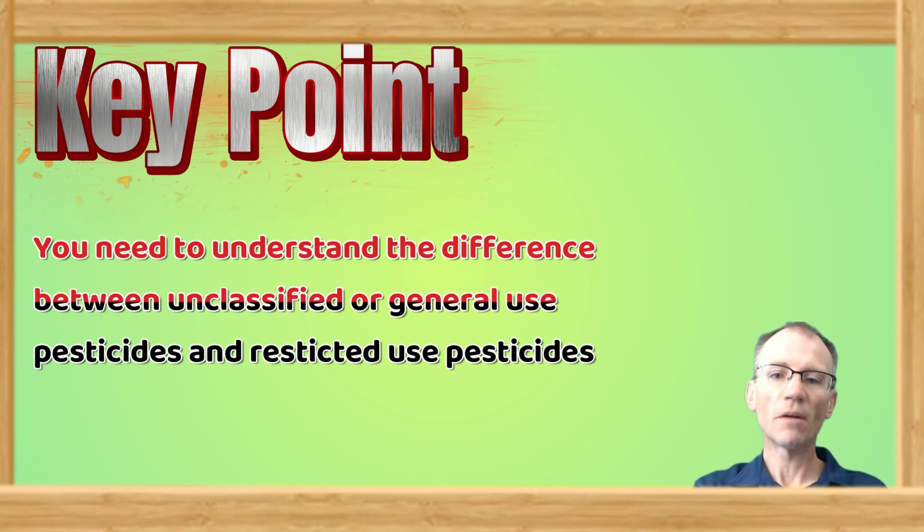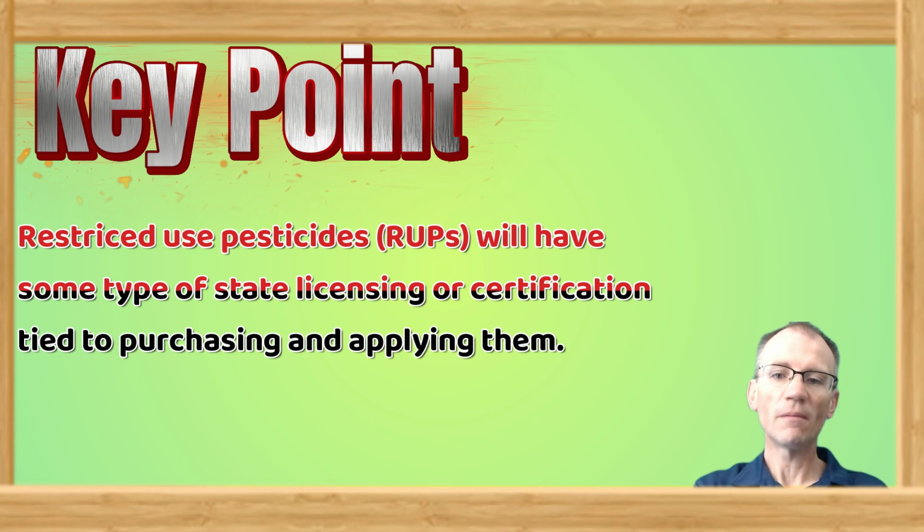Now, most of them are going to refer to them as restricted and general use, but just keep in mind when we talk about restricted use pesticides, that means there is going to be some type of licensing tied to it. So there is going to be some type of state licensing or certification tied to it. And as we talk about here, general use pesticides, those are fine. Those are ones you don't have to worry about. You can go buy those at Home Depot or Lowe's.